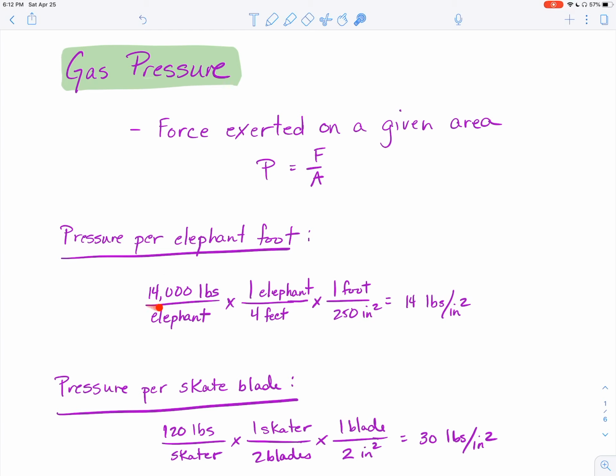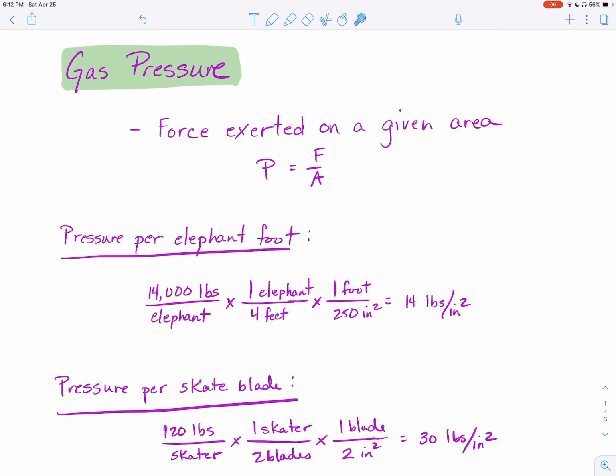If we had a 14,000 pound elephant, we could do some dimensional analysis here where we say one elephant has 4 feet, and for every 1 foot, that has an area of 250 square inches. If we do our calculations here, it ends up that we have a pressure of 14 pounds per square inch.